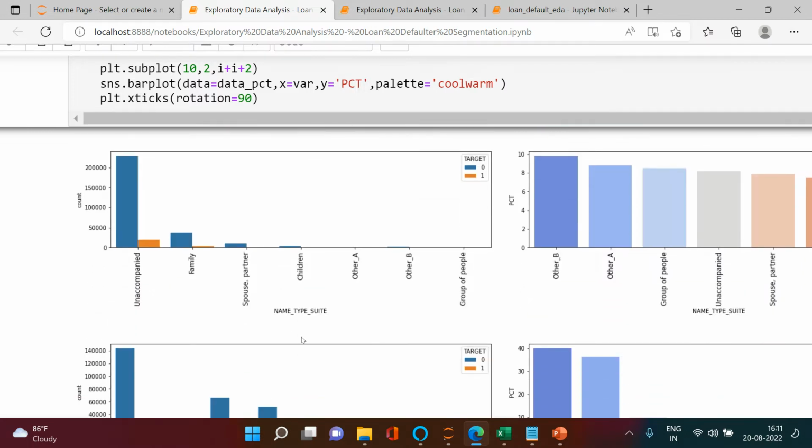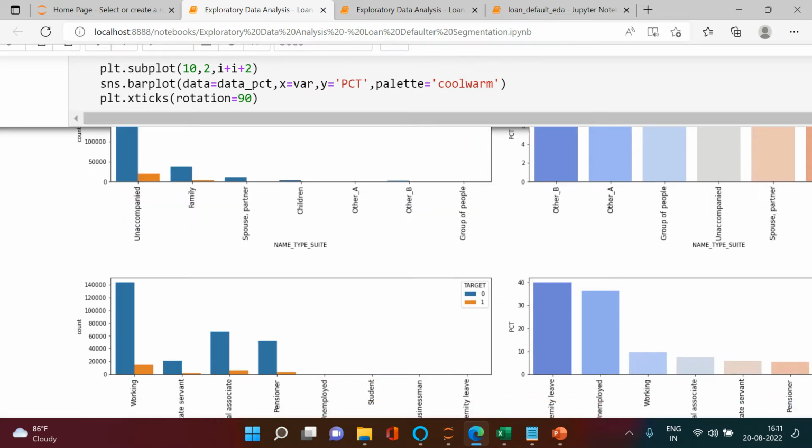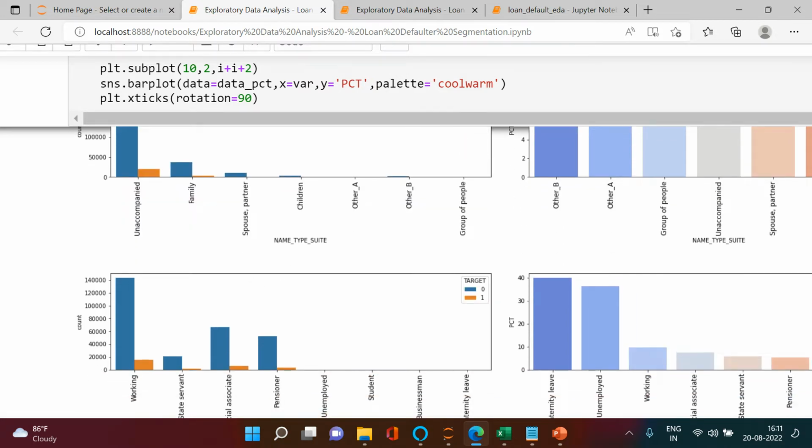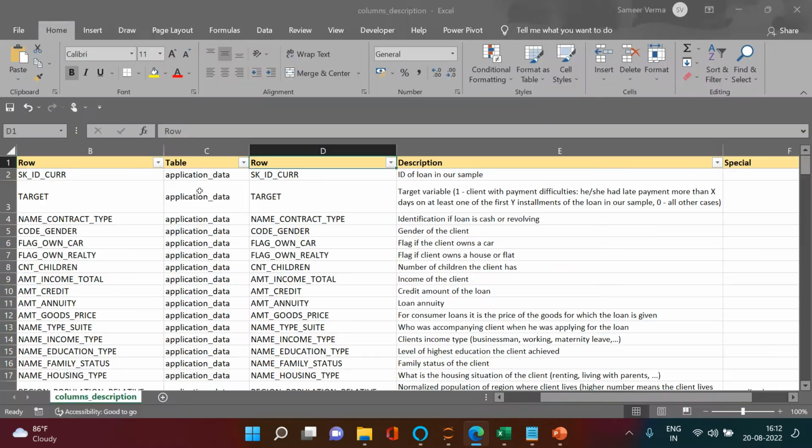The next thing we're going to see is name type suite, right? What sort of suite type the customer has. If you're confused about what this variable means, you remember we also downloaded the variable description. Let's have a look at that.